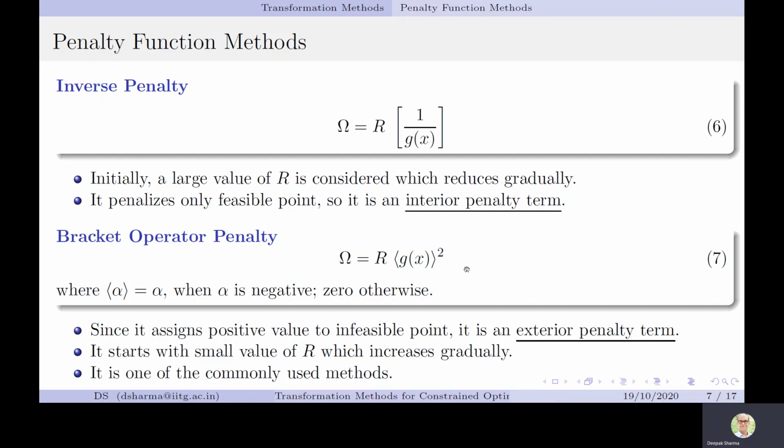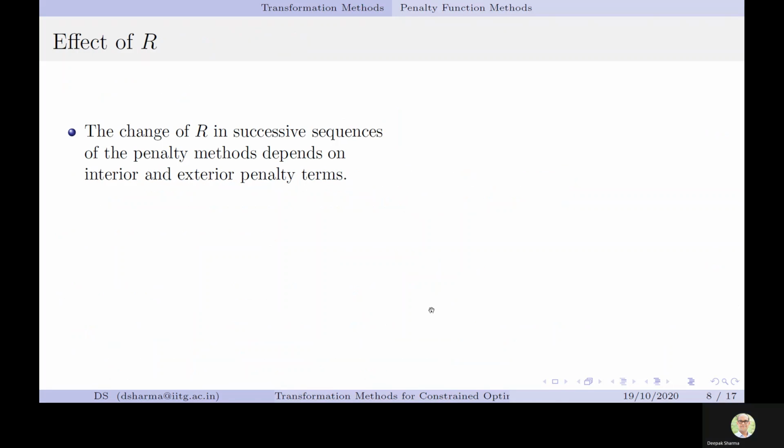So we can say that this bracket operator penalty is an exterior penalty term. In this case, we generally start with a small value of r, and we keep on increasing the value of r gradually. And you will realize that this is one of the most commonly used methods in the literature. Now let us see what is the effect of r.